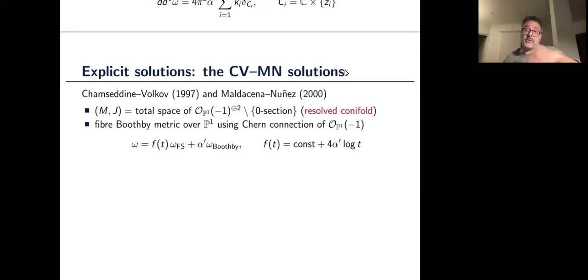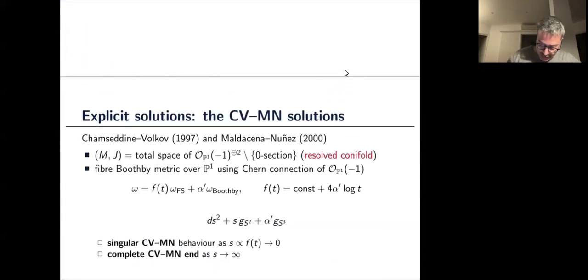So you start with an adiabatic limit ansatz, fibering Boothby over P1 using the Chern connection of O(-1). And the fact that the Chern connection is not flat is telling you that you need to do a modification, and that's forcing this term.